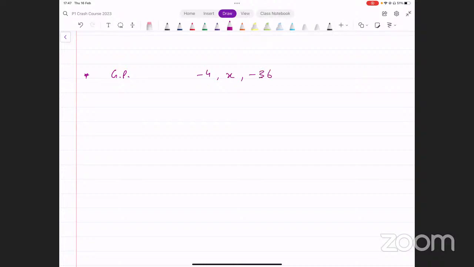Now, how do you figure out the value of x? These are three consecutive terms in a GP. This is term 1, this is term 2, and this is term 3. So you know three consecutive terms in the GP.